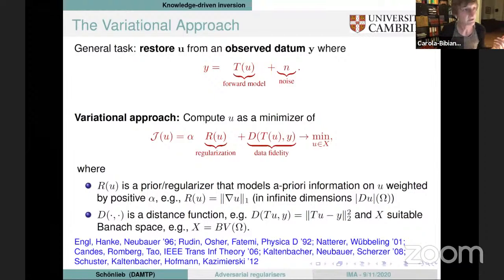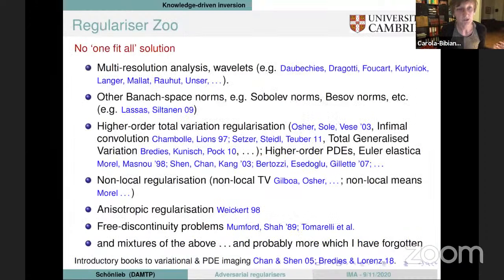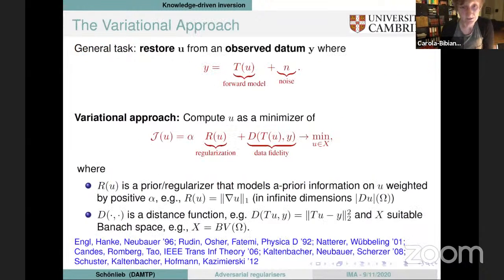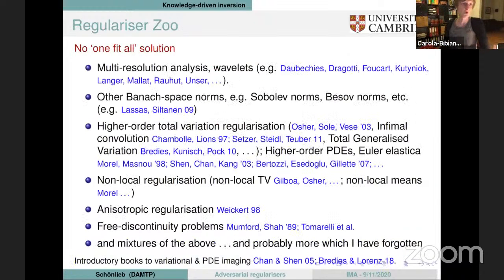And just to motivate this, let me show you a bit what people have already thought about in terms of regularization. So the total variation is one example, and I'm putting this here on the first slide because this has been an example that has been super successful, not just in mathematics, but in lots of applications where imaging has been used. But there are many more examples that are descendants or have been developed in parallel to this total variation idea.